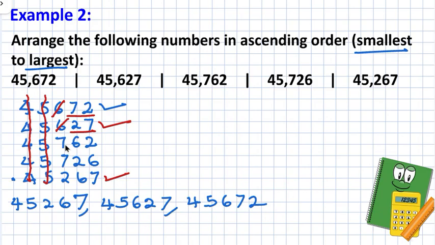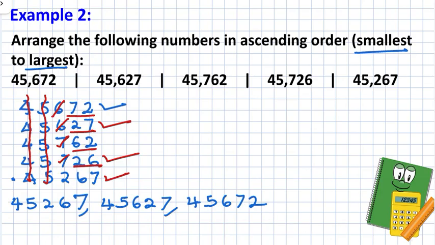So for these 2 numbers, we have 7 and 7, they are the same, we can't compare, so we go to the next number. So we have 62 and 26. So we are looking at starting from the smallest number. We are arranging in ascending order from smallest to biggest. So you can see that 26 is smaller than 62. So that means this number is smaller than this.